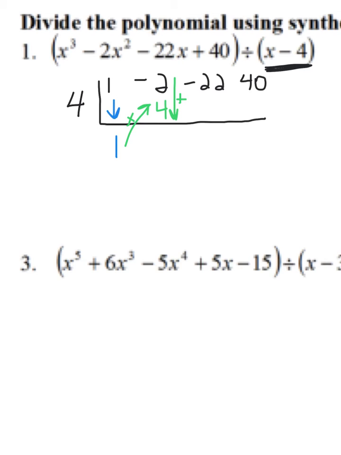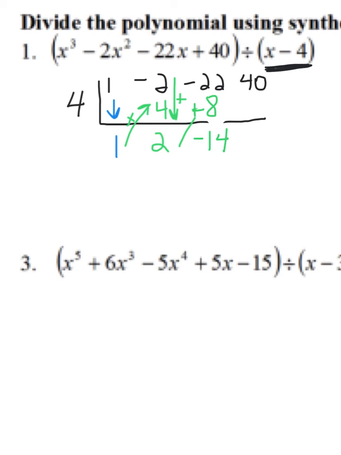So -2 plus 4 is 2. Okay, then we're going to do it again. 4 times 2 is 8. -22 plus 8 is -14.